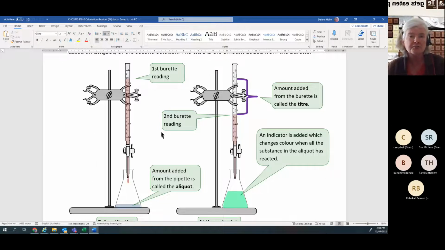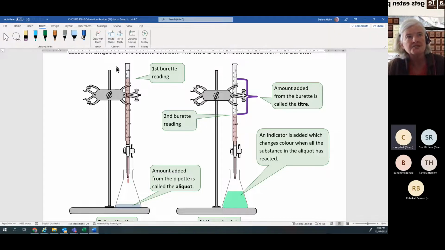So this equipment may look old-fashioned, but you may still use it if you become, say, a winemaker or other things. Basically we have what we call a burette, which is this long object over here, and you'll notice it's got measurements along the way, so you can take varying amounts of substance.